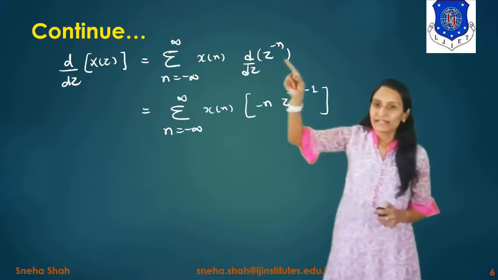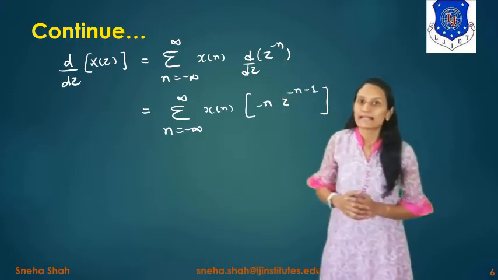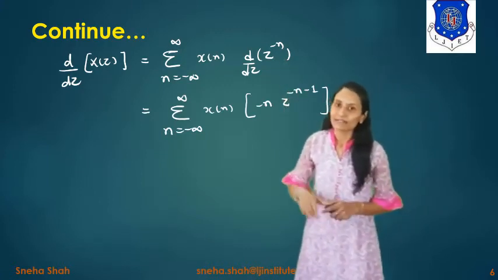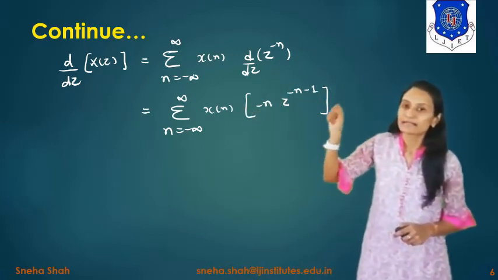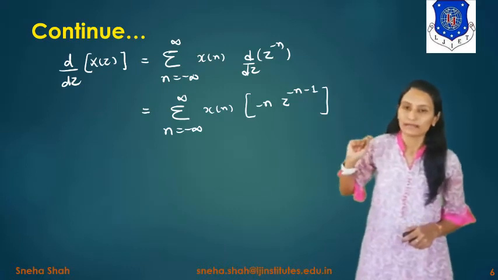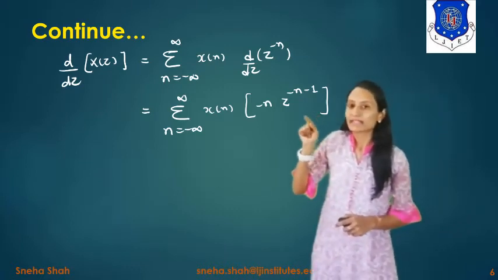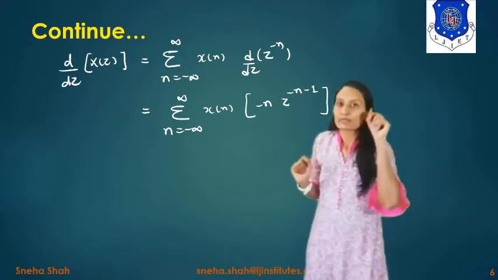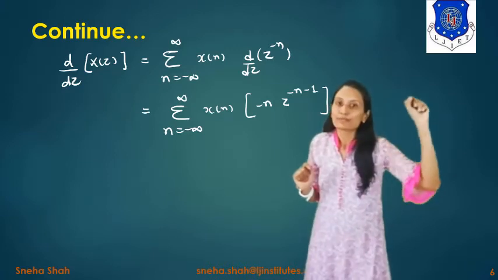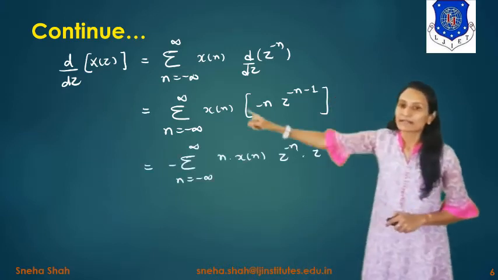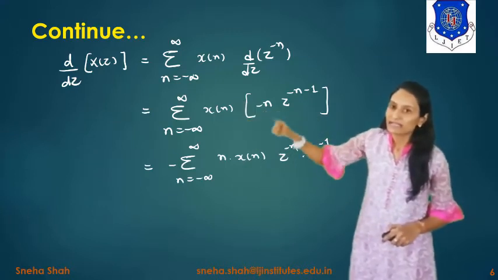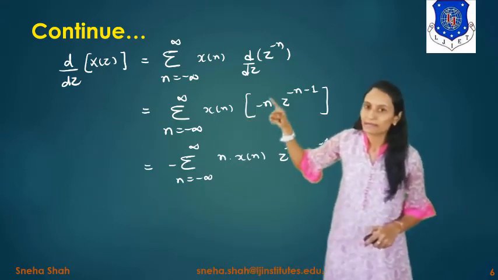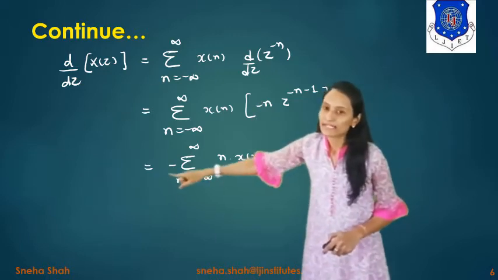Now, if I am finding the differentiation of this, z raised to minus n will convert in the form of minus n, z raised to minus n minus 1 degree, means z raised to minus n minus 1, right? Now, if I am simplifying this term, then the term will be z raised to minus n into z raised to minus 1. So the next step is summation n equals minus infinity to infinity x of n. This n goes over here and minus is a constant, so it will be outside of this summation.